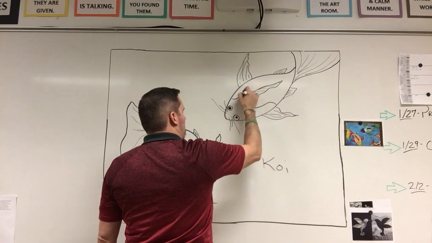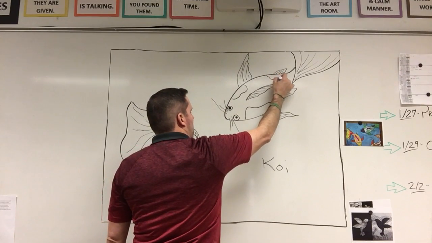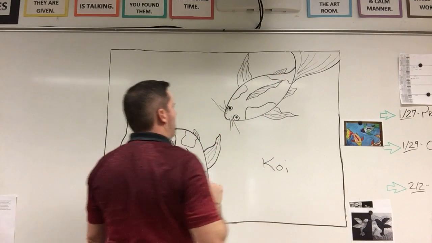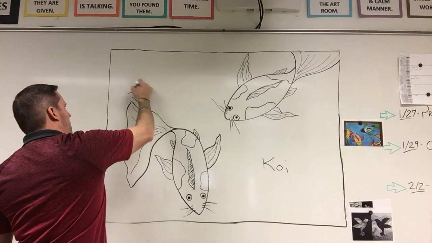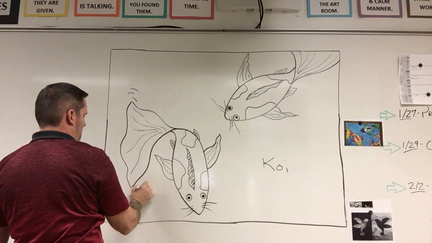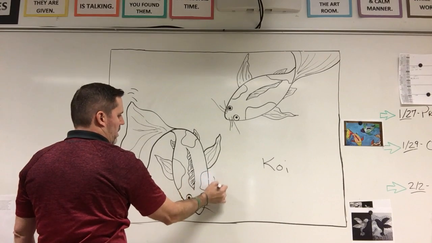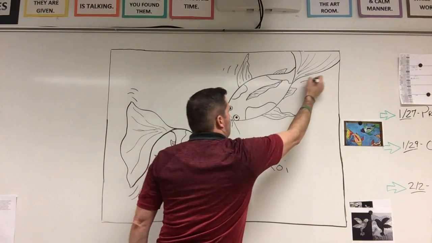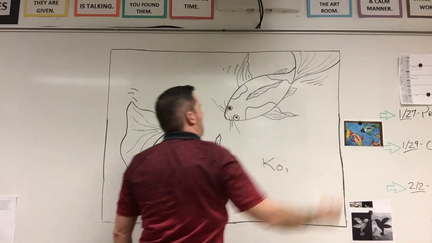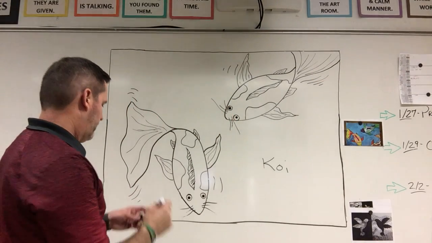Totally up to you. Give them little cow spots. Whatever you want to do. And you can do like little ripples in the water kind of thing. Maybe he's splashing in the water. Kind of like he's swimming.